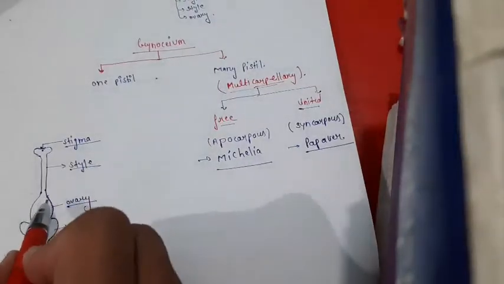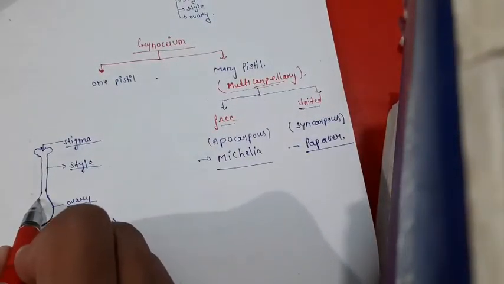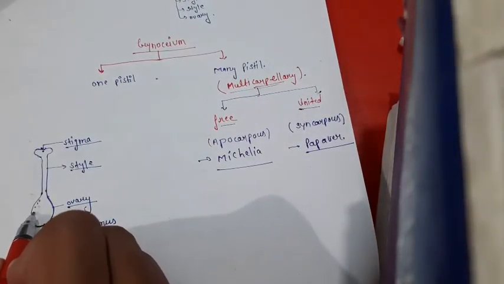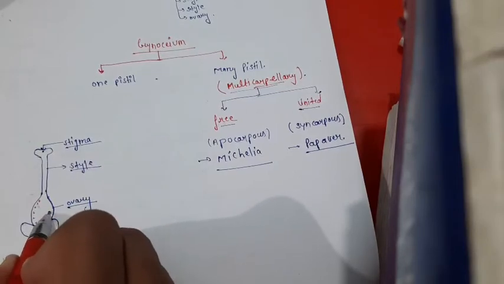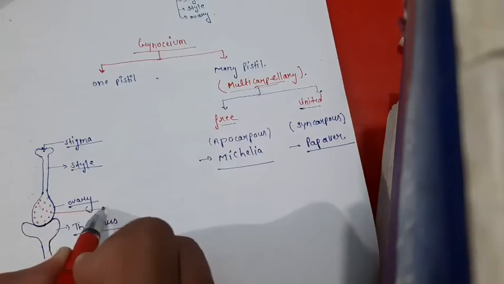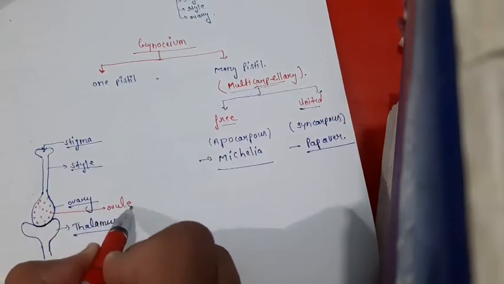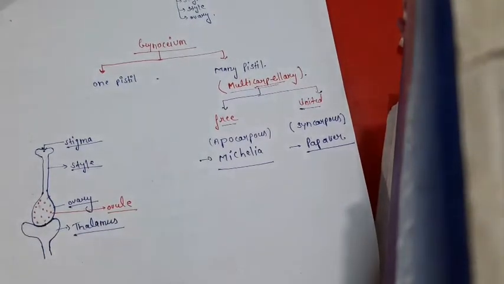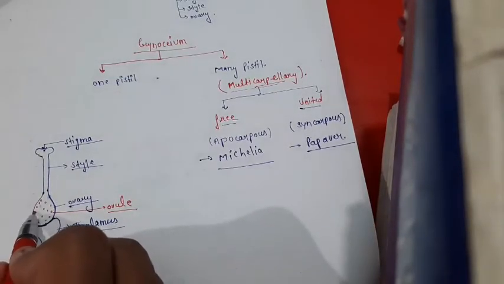Now inside the ovary there is ovule. What is this? This is ovule. Okay, and this ovule is attached with this.